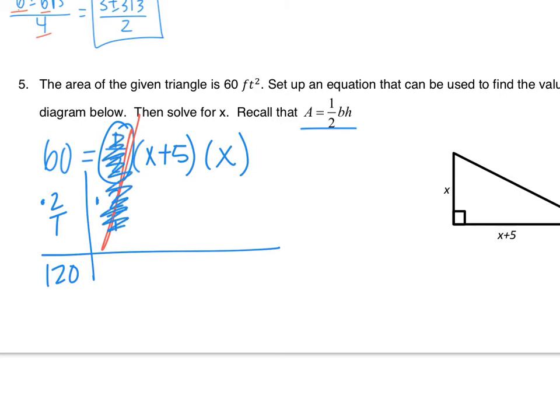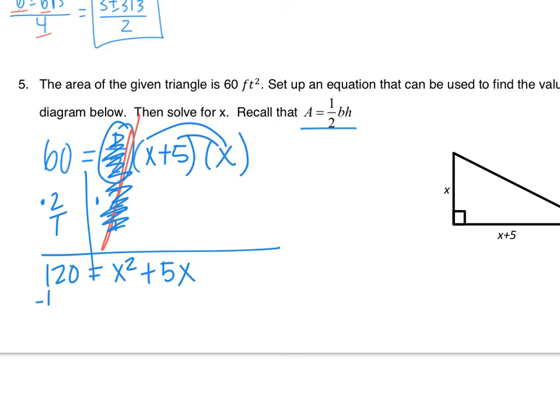So now this is all gone. I'm just going to look at my x's. This x needs to get distributed into the parentheses. So x squared plus 5x. So now down here we've got an equation that's like what we've been working with. So I'm going to want to use the quadratic formula for this one, but before I can do that, this side on the left needs to equal 0.